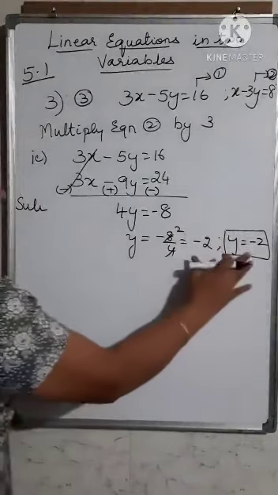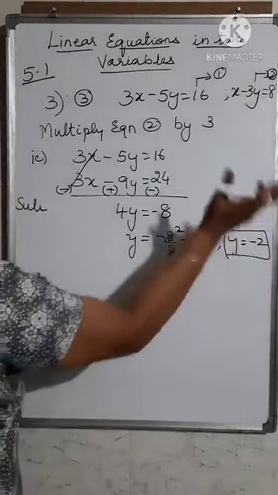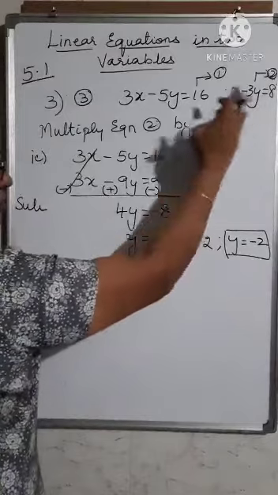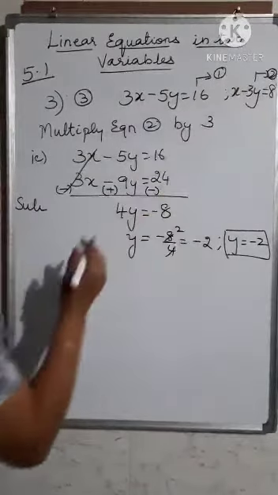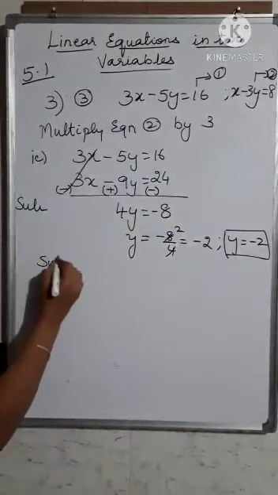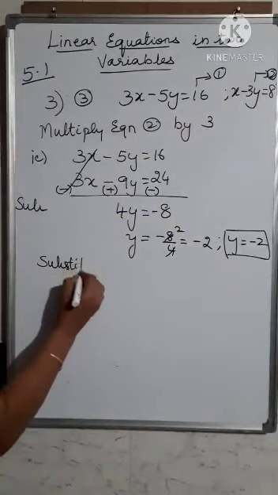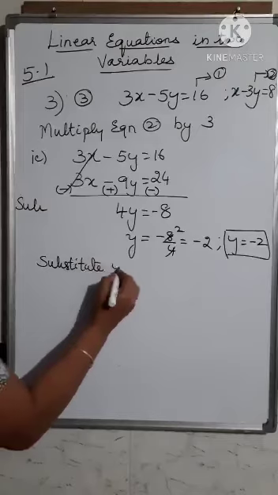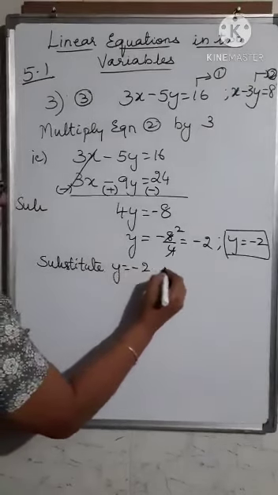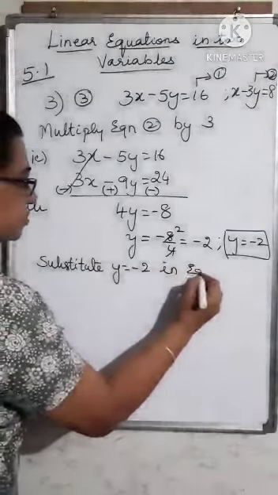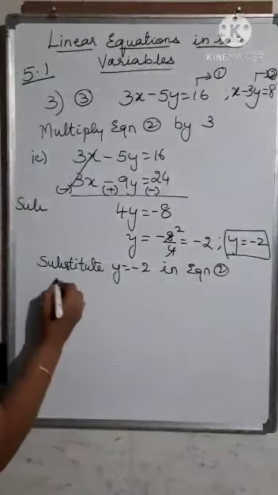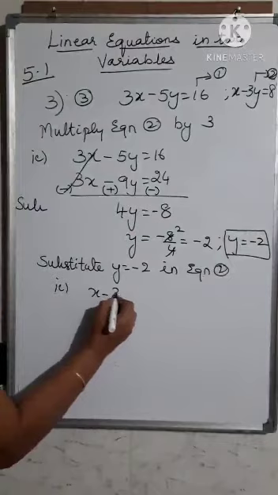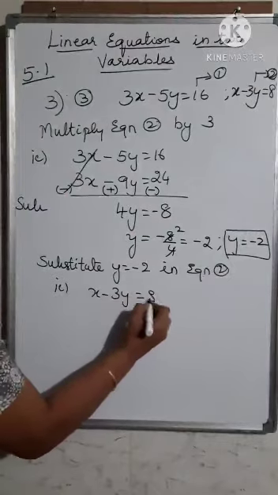Now this value of the variable that you have got, either substitute in the first equation or in the second equation, any one of the equations. So I'll substitute y is equal to minus 2 in equation 2. What is equation 2? x minus 3y is equal to 8.